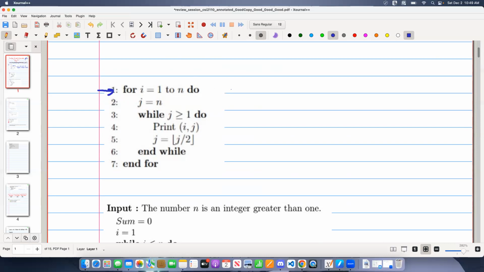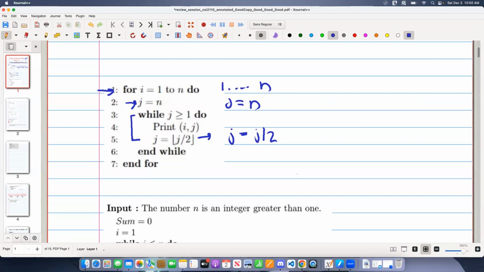So this i increments from 1 all the way to n. Then we set j equal to n. While j is greater than or equal to 1, we go through this while loop so many times. You can see here, j is exponentially decreased. What I mean is that if j is equal to 16, 16 divided by 2 is now 8, it's halved.